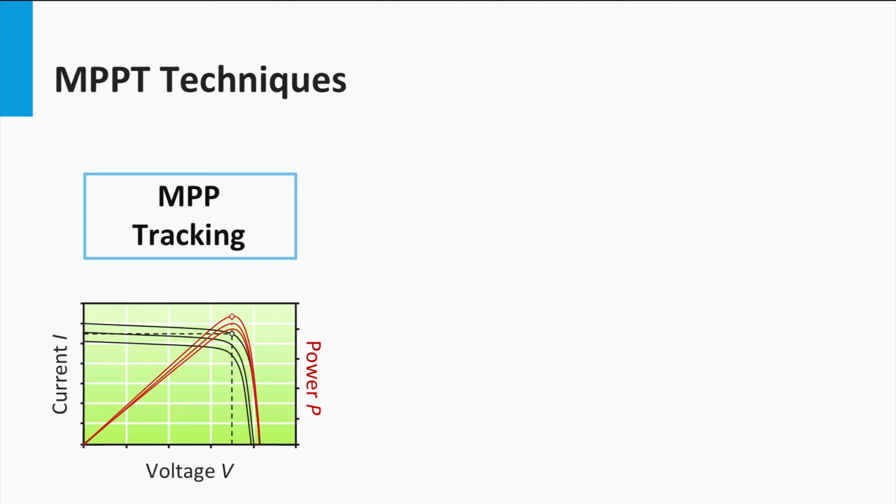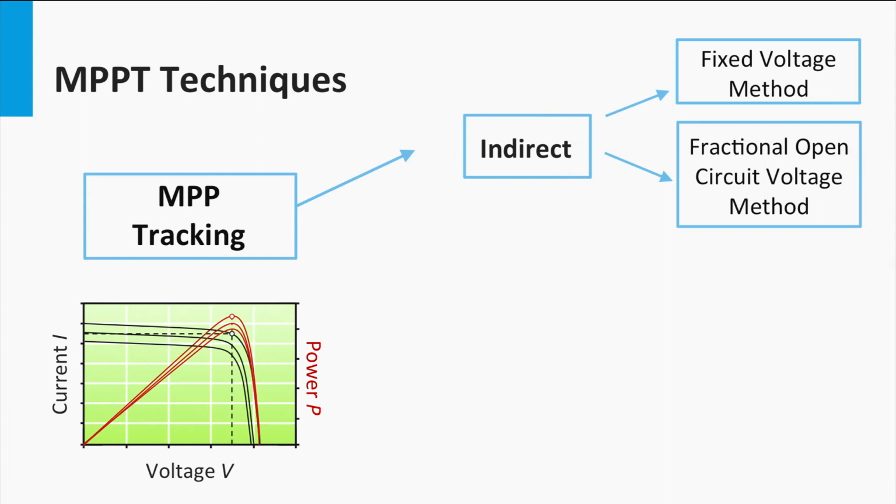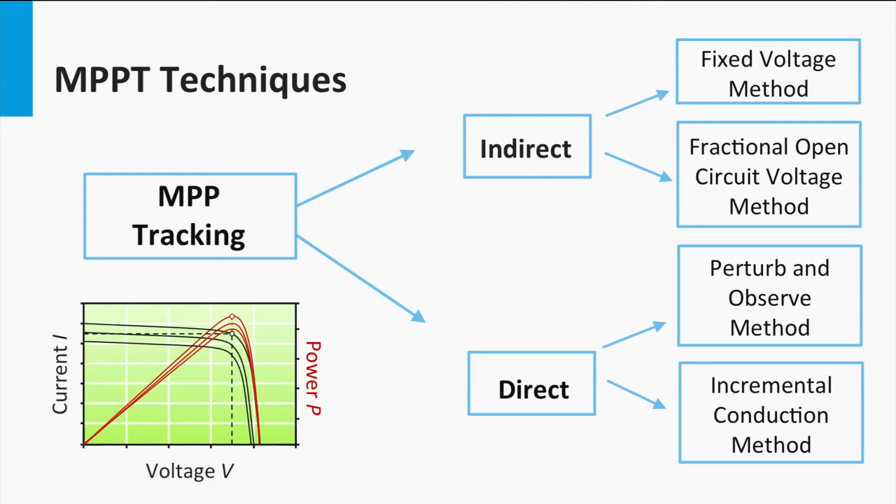Some of the modern literature talks about two broad categories of MPPT techniques. Indirect MPP tracking, like the fractional open circuit voltage method, or direct MPP tracking, like the Perturb and Observe method or the Incremental Conductance method. Each of these techniques have their own advantages and disadvantages.